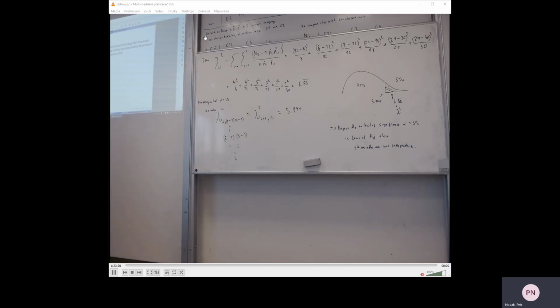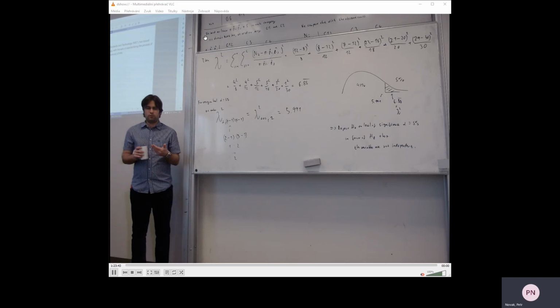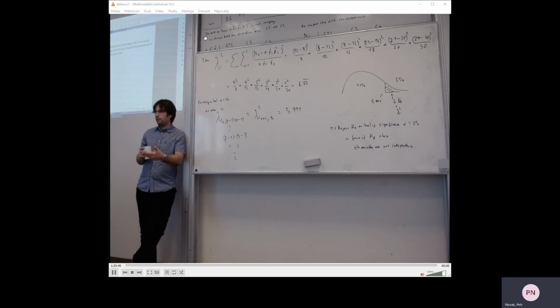Now, what do you understand under the word random? What should the generator be? What should the values generated using the generator follow? What should hold? That it would be actually random. And a uniform distribution.